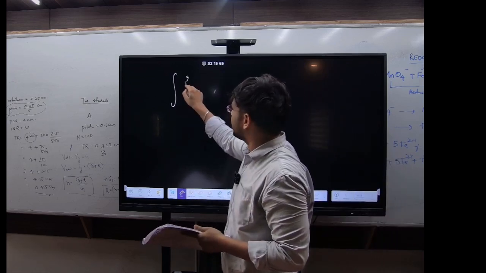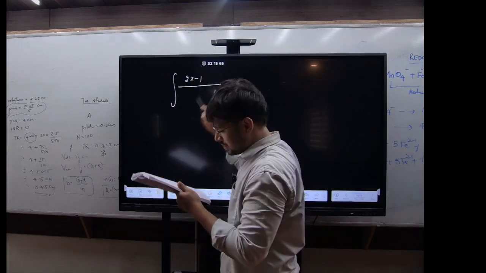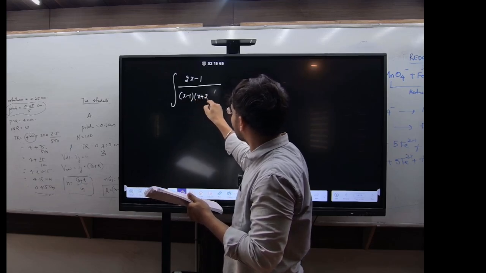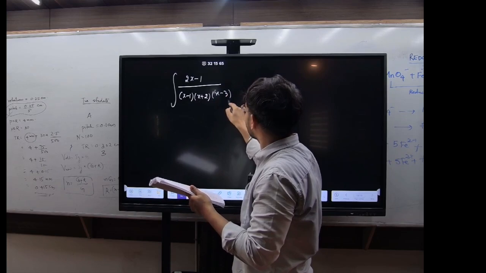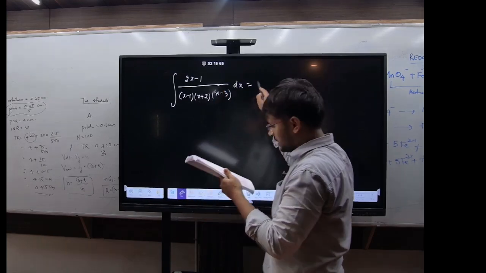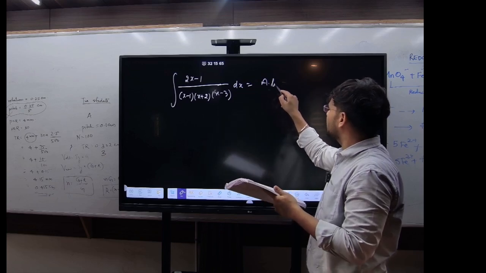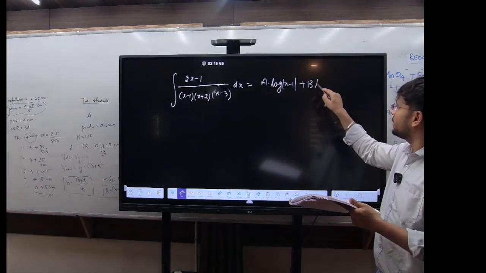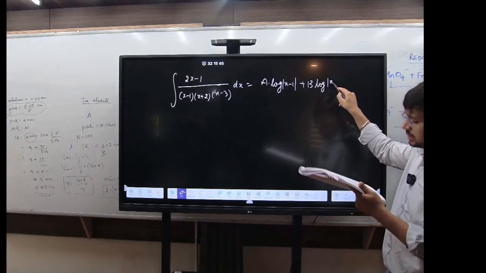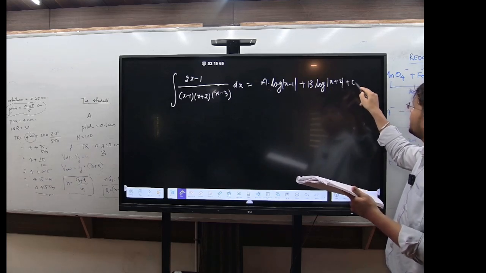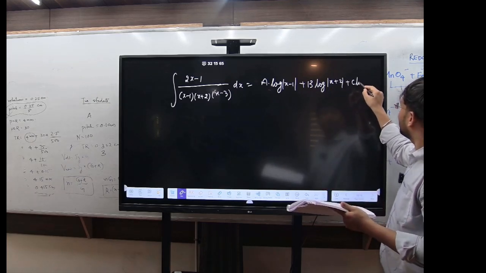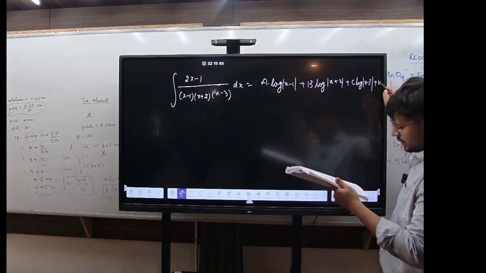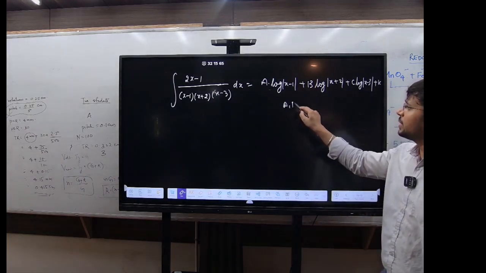But see in that question, you have to integrate this 2x minus 1 divided by the cubic. This is given, this is equal to a times log x minus 1 plus b times log x plus 2 plus c times log x minus 3 plus some constant, then find the value of a, b and c.